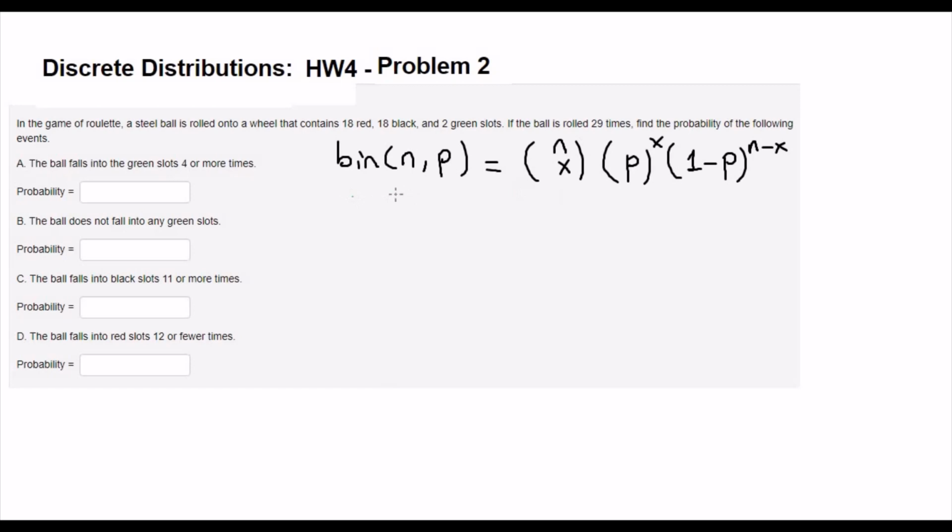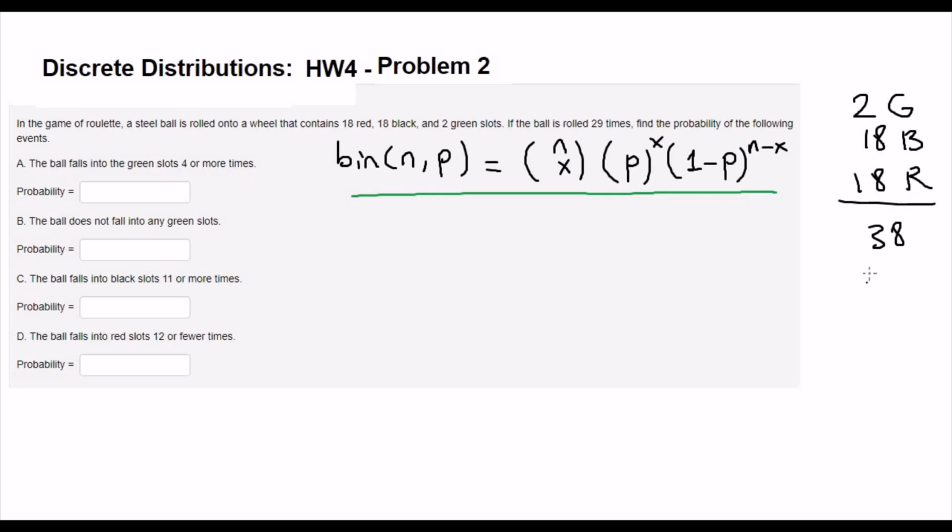So we're going to apply the binomial distribution formula. Here our p is the probability that the ball falls into the green slots. We have 2 green, 18 black, and 18 red, totally 38 slots. And out of those 38, we are trying for 2 greens.